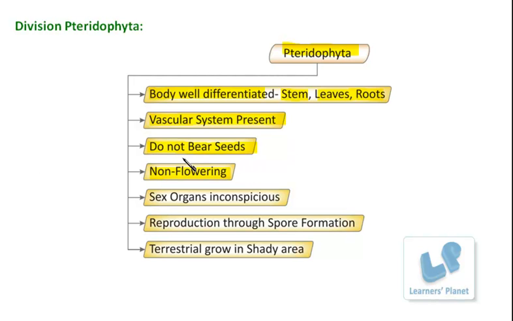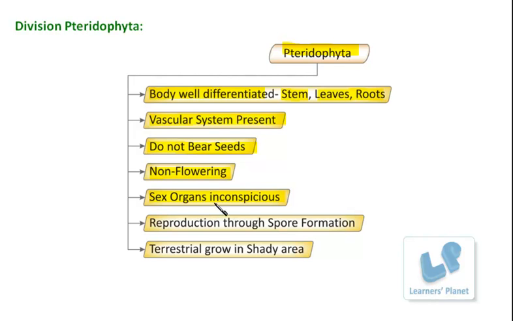These are the specific characteristic features for the plants which belong to the group cryptogams. Alternatively, if these characters are present in the plants, they belong to the next subkingdom, known as the phanerogams, right? Besides this, in this case, the sex organs are inconspicuous. They are present in a hidden form.